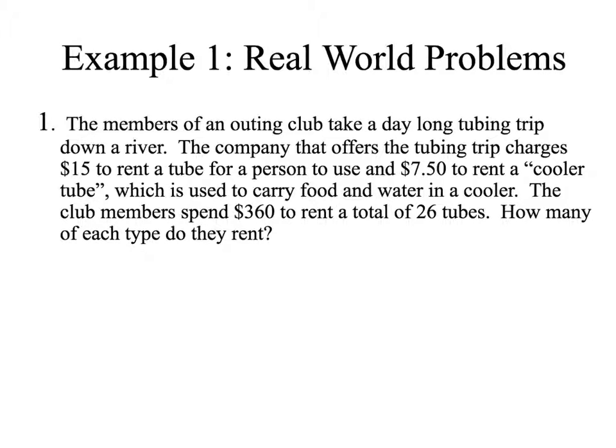They take a day-long tubing trip down a river, $15 to rent a tube for a person, $7.50 for a cooler tube. Club members spent a total of $360 and they rented a total of 26 tubes. Those 4 things that I underlined, that's all that I need. I don't need any other information.